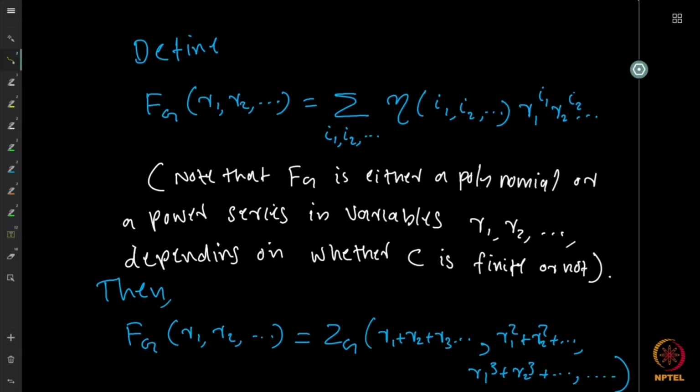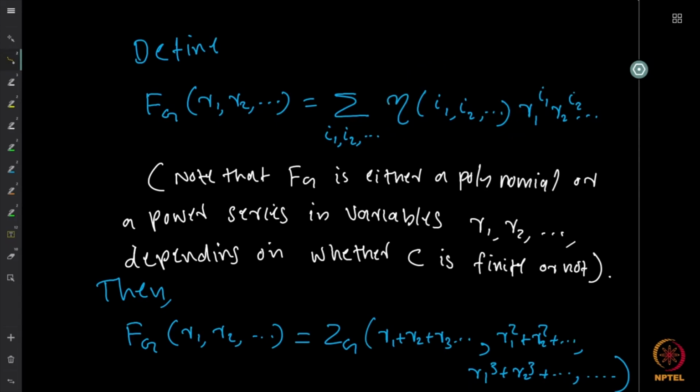Now let us define F_G of R1, R2, etc., where the colors are the variables of F_G, as a summation over all the tuples I1, I2, etc. of eta of I1, I2, etc. times R1 raised to I1, R2 raised to I2, etc. This means that the coefficient of R1 raised to I1, R2 raised to I2, etc. is the number of inequivalent colorings where Rj appears Ij times.